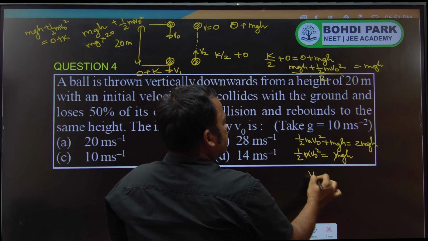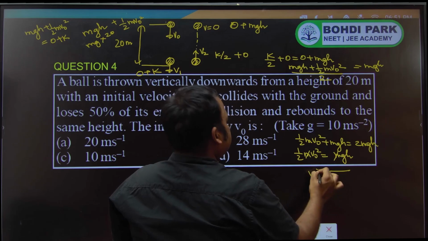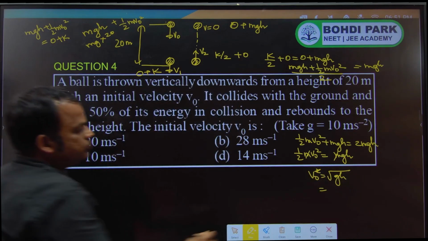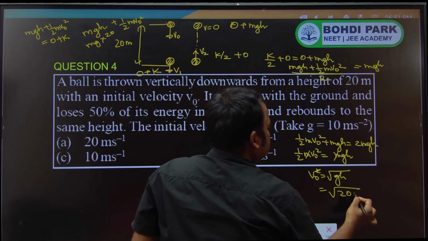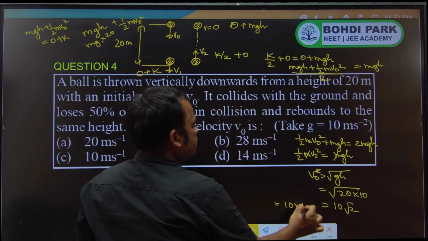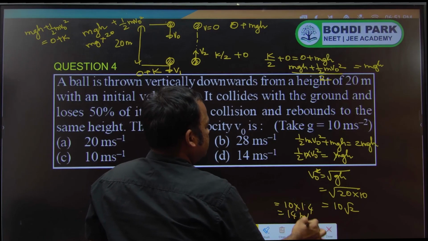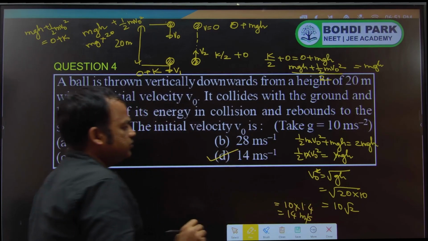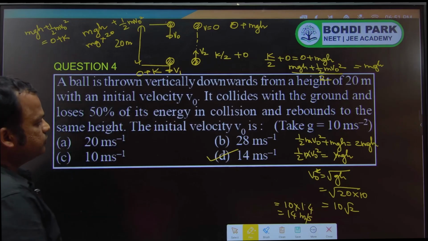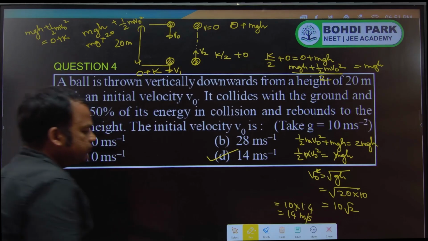M cancels, so v naught is equal to square root of gh, and h is given as 20 meter. So square root of 20 into 10, that is 10 root 2, so 10 into 1.4, 14 meter per second, D option. So using energy conservation. Now next question.